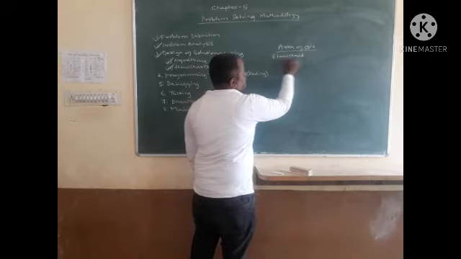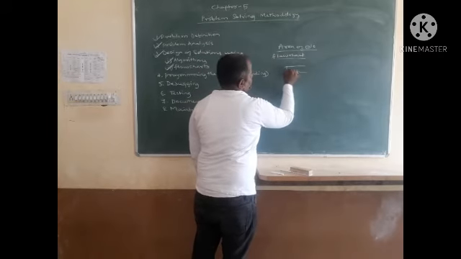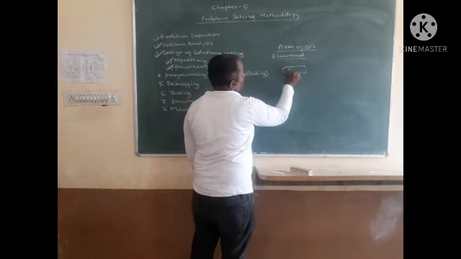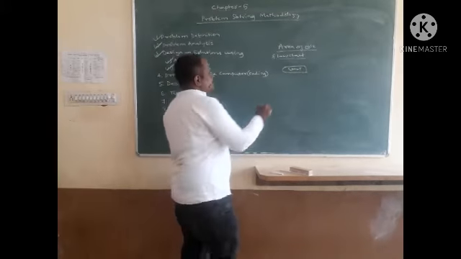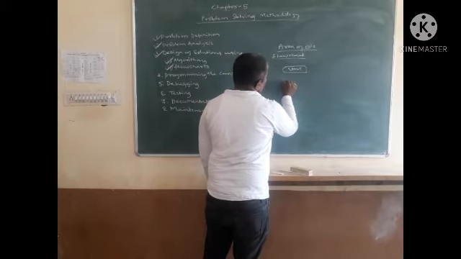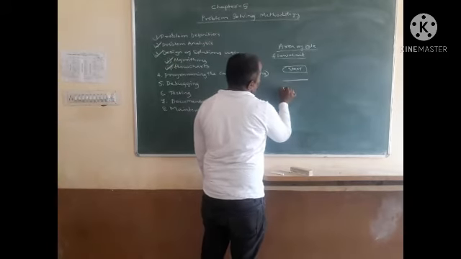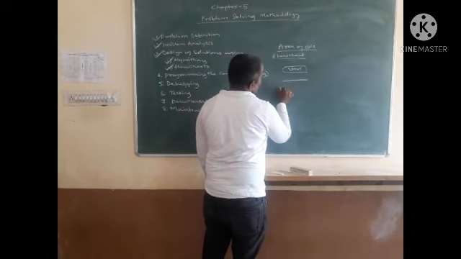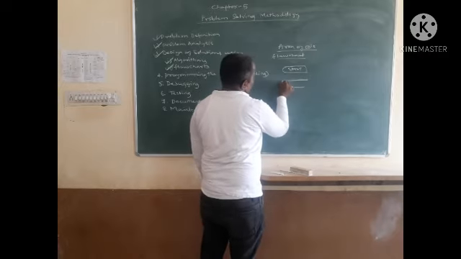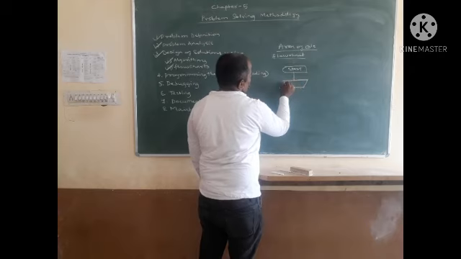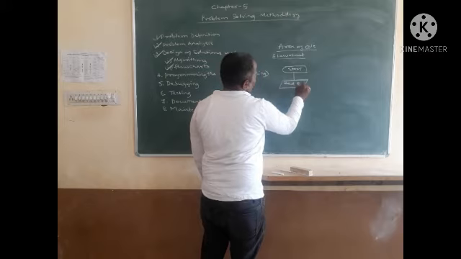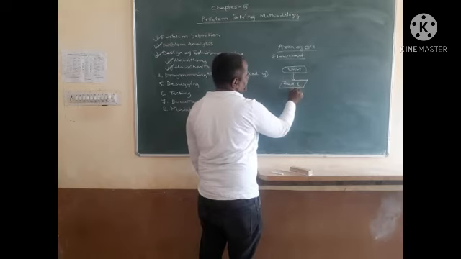In that particular flowchart, we have to make use of an oval for start. Then we have to take the input, that is read the radius r.